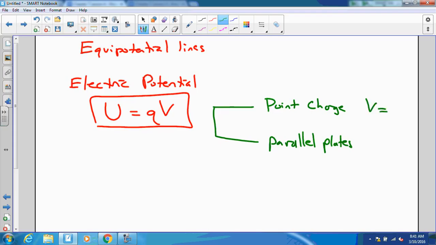And when we did, we got that the voltage was equal to Coulomb's constant K times the charge divided by the distance R from the point. So that if I have a point charge here, I can go out to a distance R and compute the electrical potential just like that.